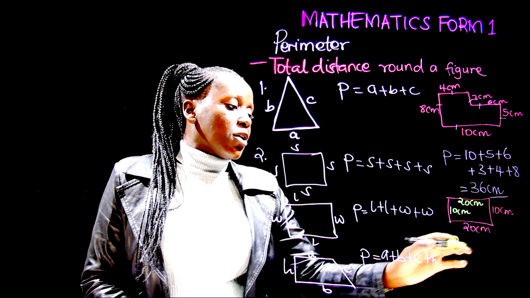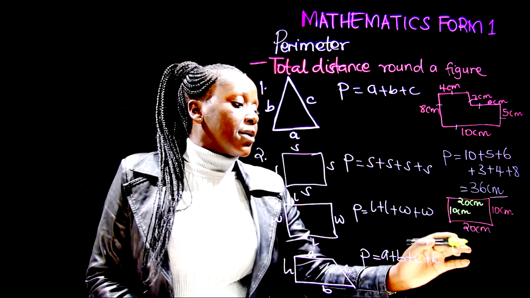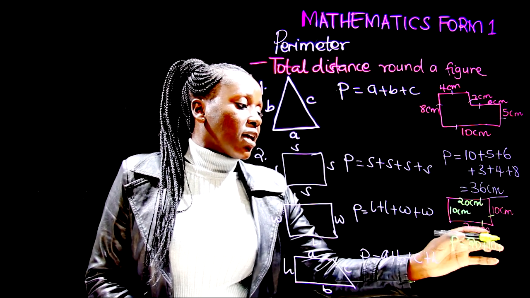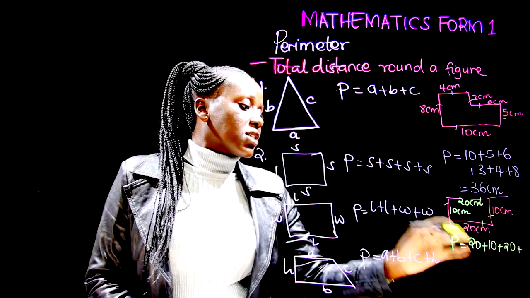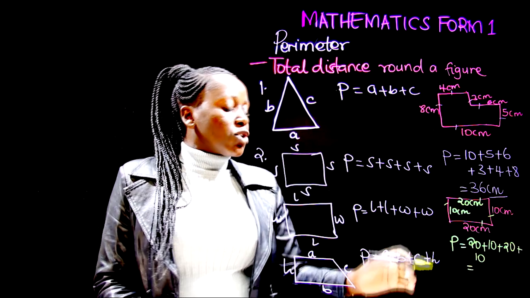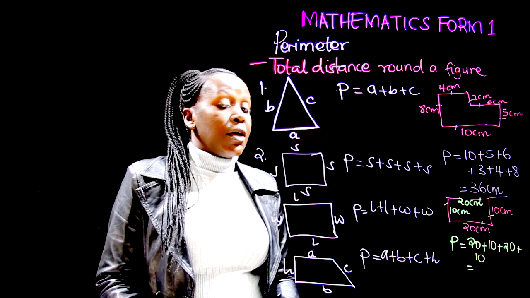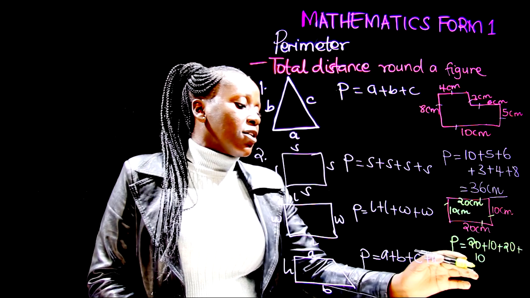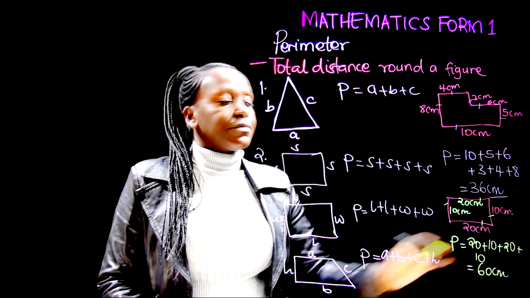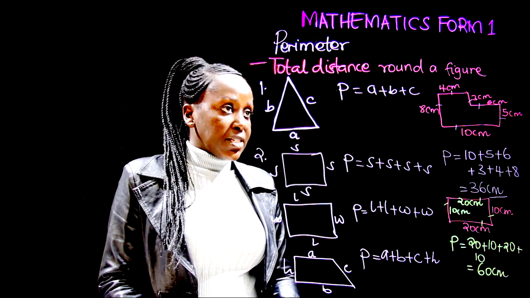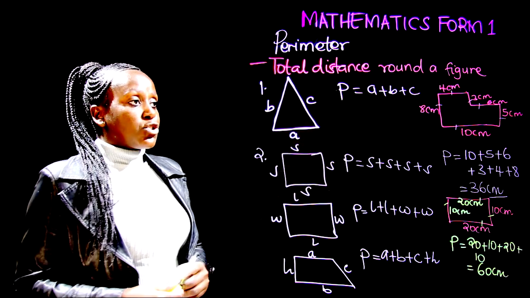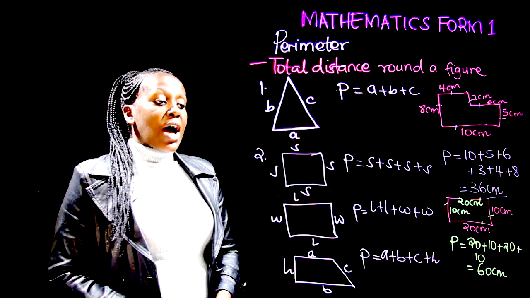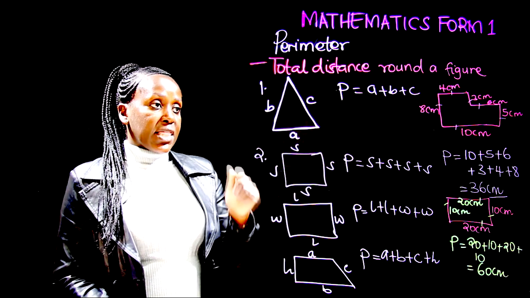So the perimeter will be equal to the sum of all the sides. 20 plus this is 10 plus this is 20, then plus this is 10. So this will be equal to 20 plus 10, which is 30, then plus 20, 50, plus 10, which is 60 centimeters. The takeaway here is that anytime you have a two-dimensional figure and you need to determine the perimeter, you need to add the lengths of all the sides.